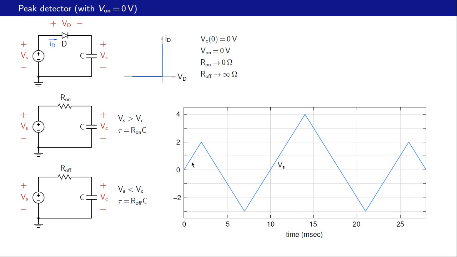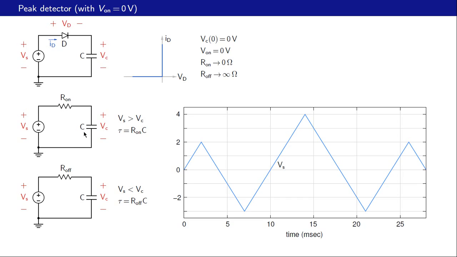Now the input voltage starts rising. The capacitor voltage is 0 volts at the beginning. So this N end of the diode is at 0 volts, and now this voltage is going up as the input voltage increases. So the diode turns on, starts conducting, and we have this circuit now coming into the picture.